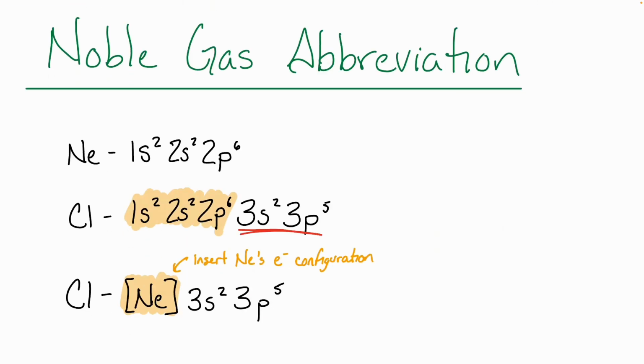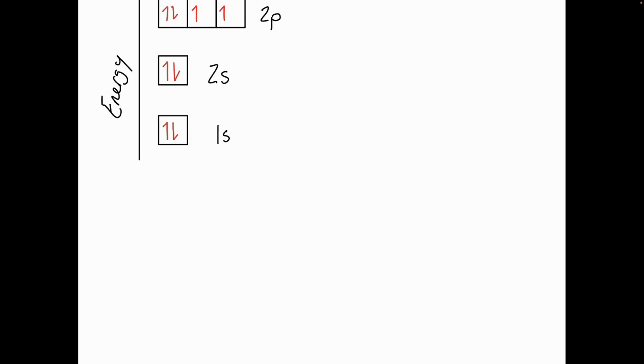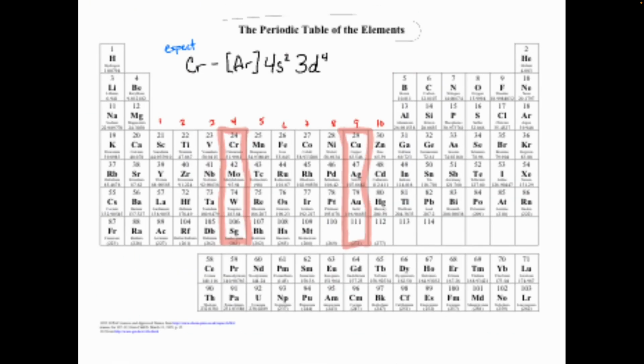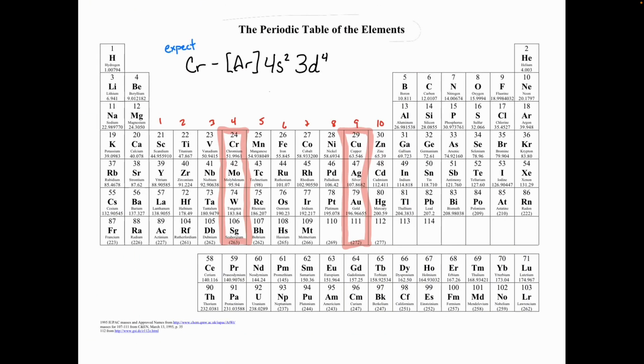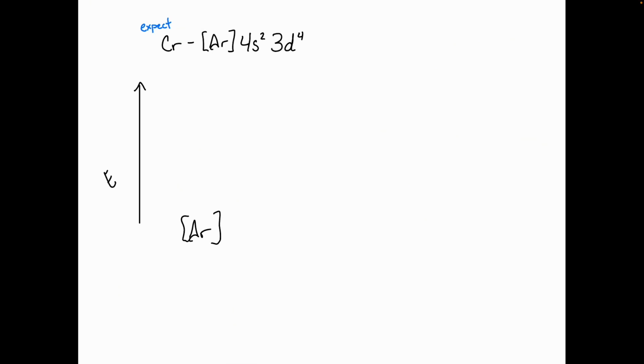Let's just visualize this with our diagram. I'm going to be lazy and only look at this top one here. We'll say whatever argon is lives down here. I got one box for my 4s electron, so we're going to do the noble gas abbreviated diagram here.